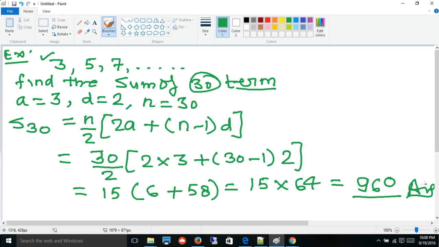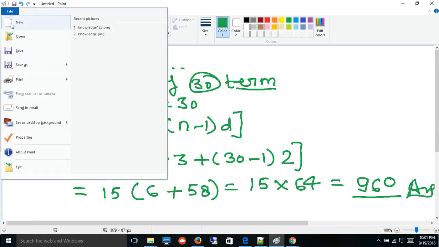Now as the AP is given, we can calculate the values of A, D and N very easily and apply the formula n by 2, 2a plus (n minus 1) into d. Once you replace the values of a, n, d and calculate, you will get S30, the sum of 30 terms. Hope you understand this question.